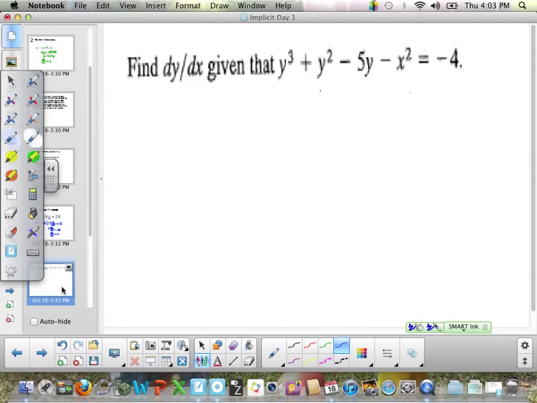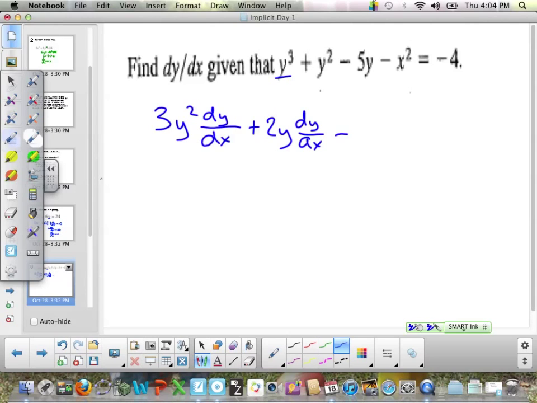So we will start. We'll take the derivative of y cubed with respect to x. First, what's the derivative of y cubed? The outside function, something cubed, would be 3 times something squared, and there's a function implied inside of the y, and the derivative of that is dy/dx. And the same thing with y squared. The derivative of something squared is 2 times something to the first power, and then the derivative inside of the y, it's implied there's a function in there, derivative of that is dy/dx.